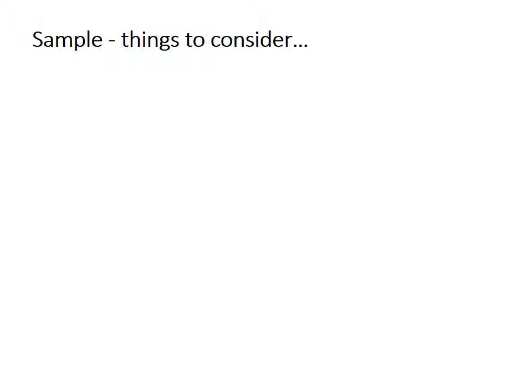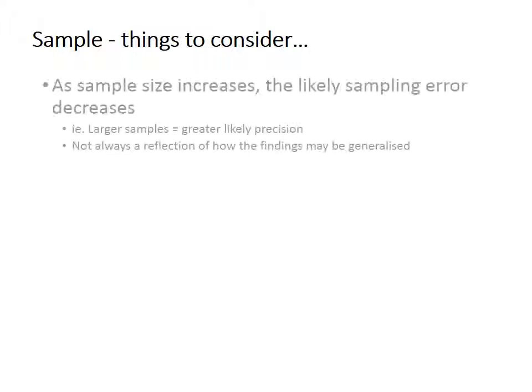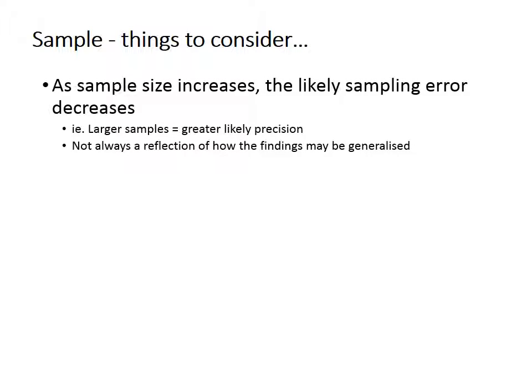So things to consider when looking at sampling. As the sample size increases, the sampling error decreases because there's more individuals. Statistically, each individual is less significant.